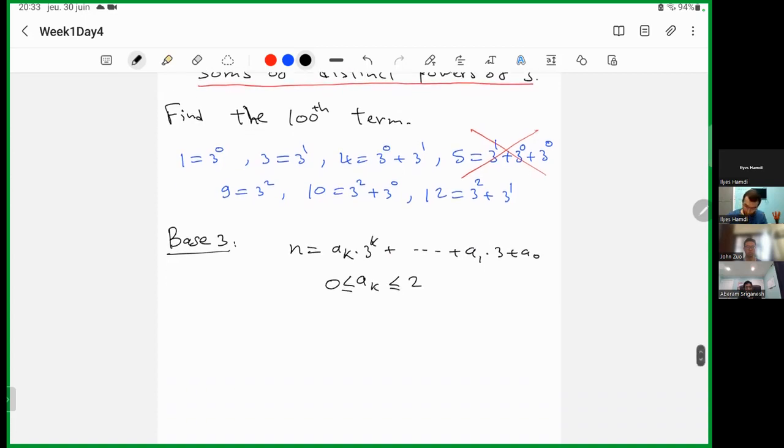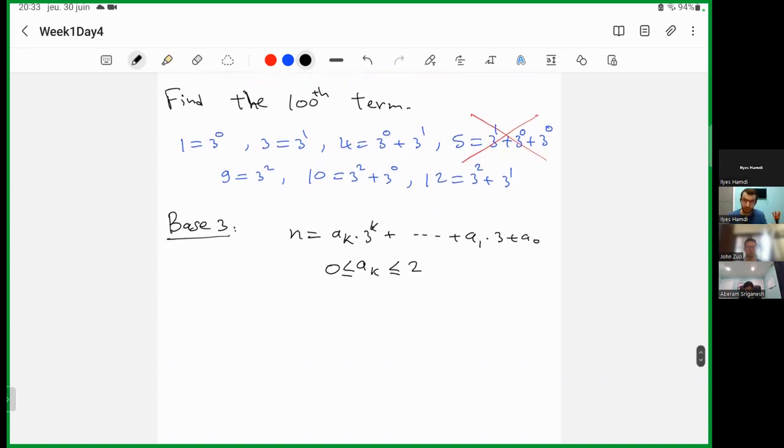And I am considering, first of all, powers of 3, so some element of the form 3 to the k. And the second thing is sums of powers of 3, something like this. But the problem is the powers of 3 have to be distinct.